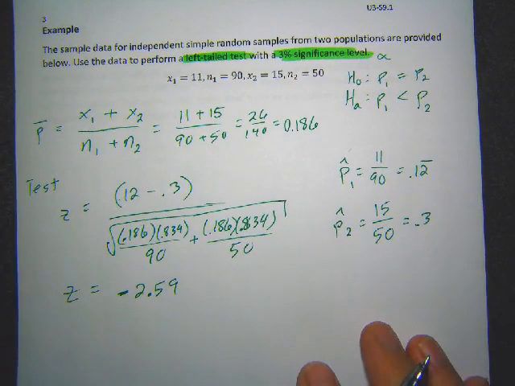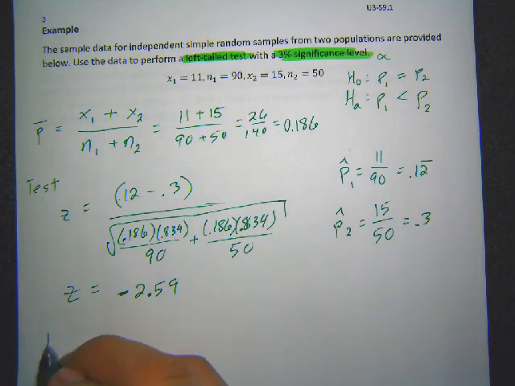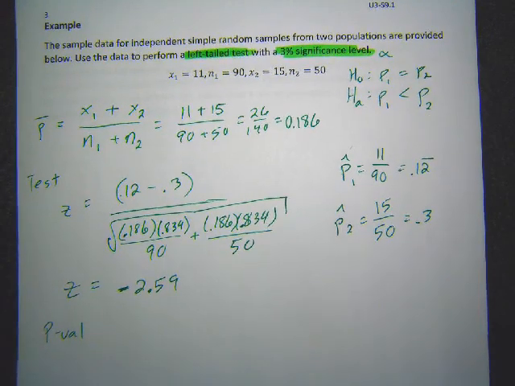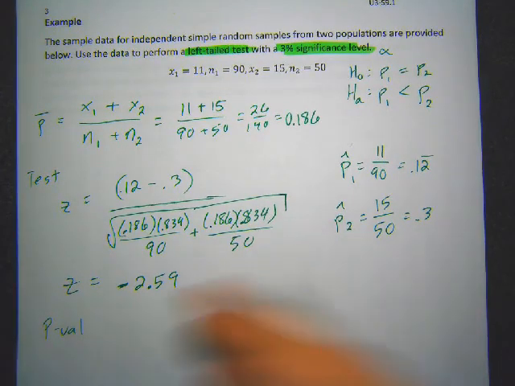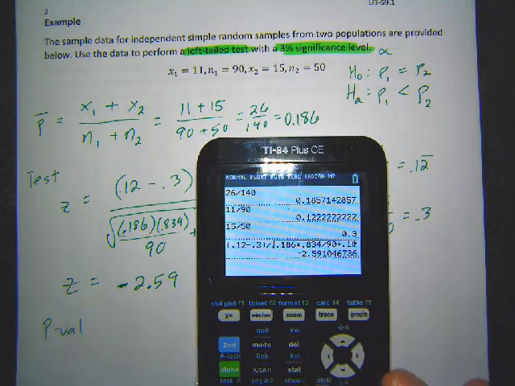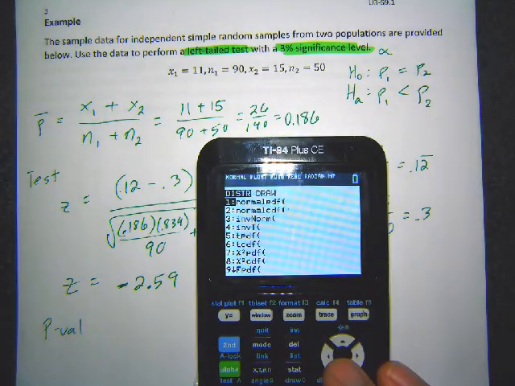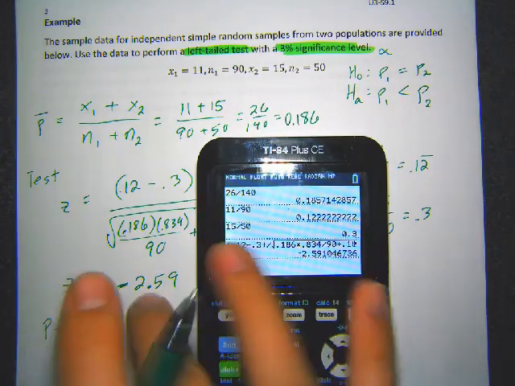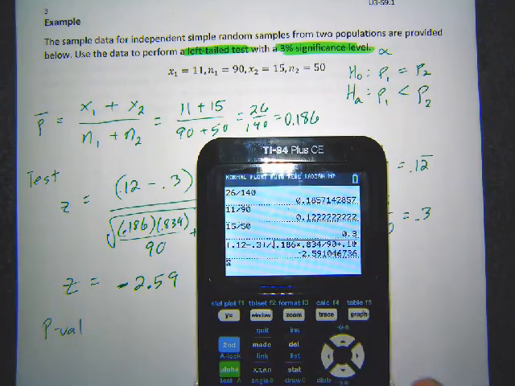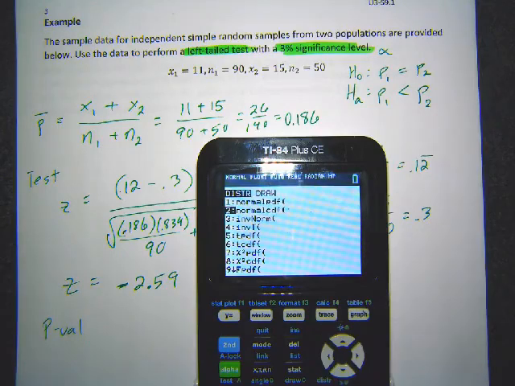If I'm doing the p-value method, I would just take this and find the probability of getting that or less. So I use second distribution, norm CDF.